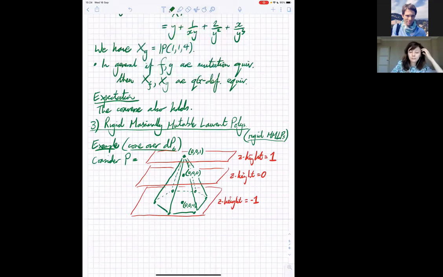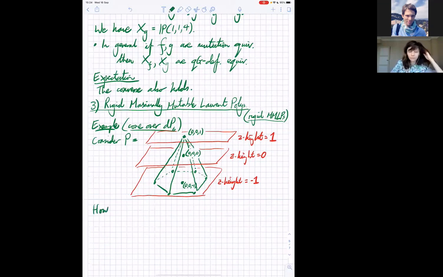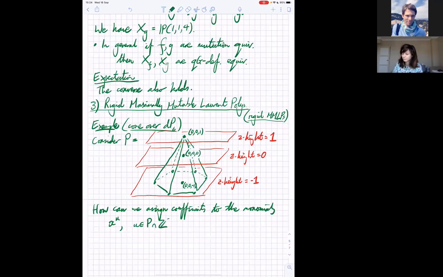And so the question is, how can we turn this into a Laurent polynomial? How can we assign coefficients to the monomials x^u, u a point of the polytope, to get a good Laurent polynomial? By good here, I mean something of geometric type, something that is supposed to give me the period sequence of a Fano variety.